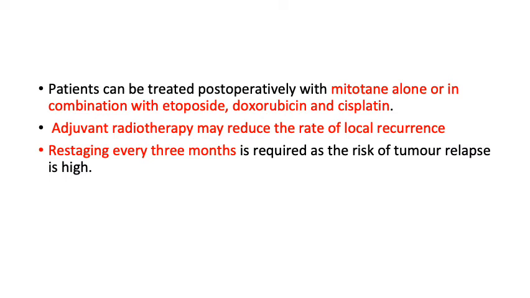After surgery, the patient can be treated with chemotherapy like mitotane alone or in combination with etoposide, doxorubicin, and cisplatin. Adjuvant therapy may reduce the rate of local recurrence, and restaging every 3 months is required as the risk of tumor relapse is high.